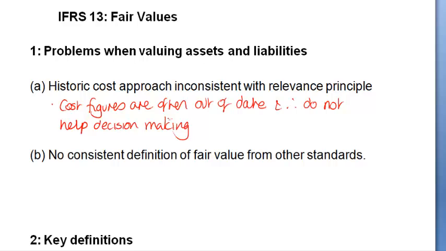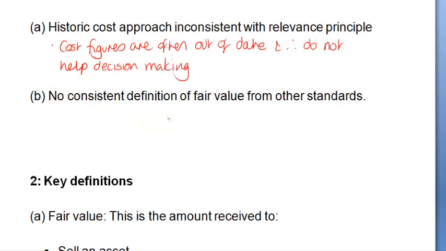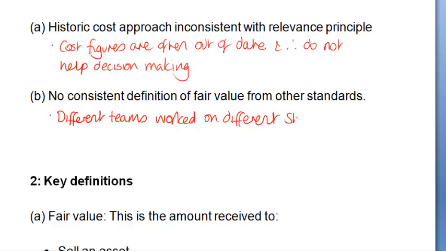We then come to fair values in existing standards, but those definitions are inconsistent. Different teams worked on different standards, and therefore they reached different conclusions as to what we mean by a fair value.